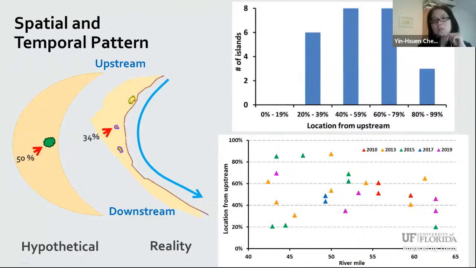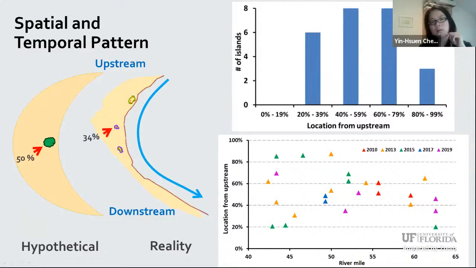The basic idea is that those vegetation islands might prefer areas that have a wider bar surface. In that case, they are further away from the floodwater, because those new young growth are quite fragile to floodwaters.